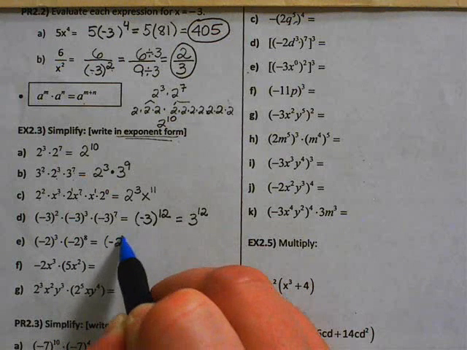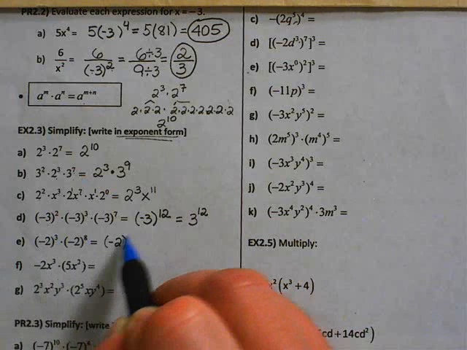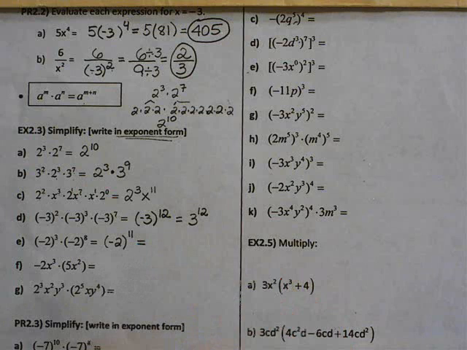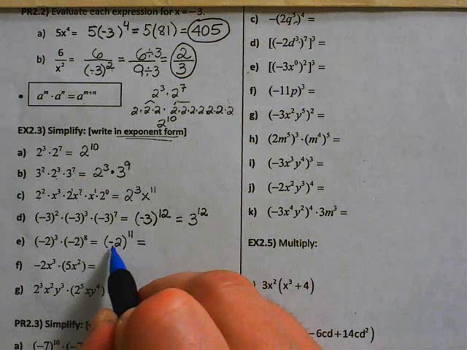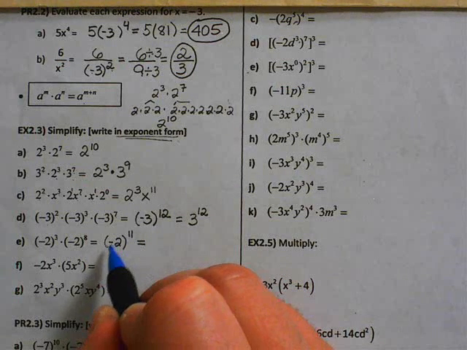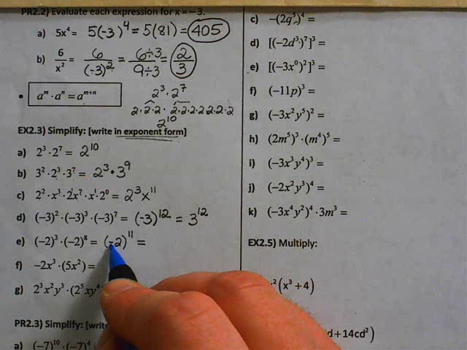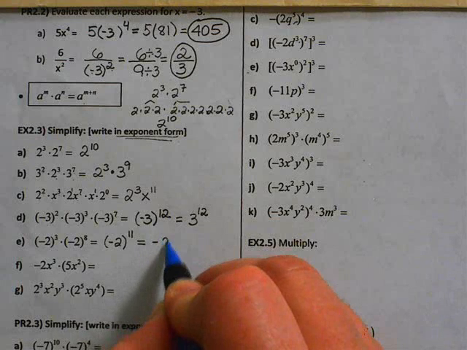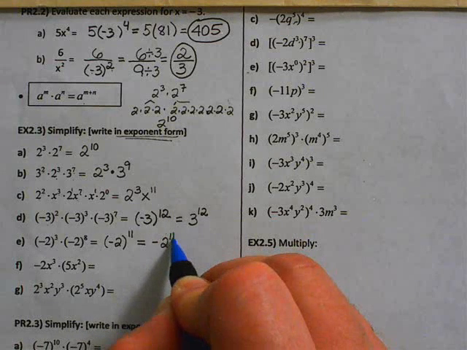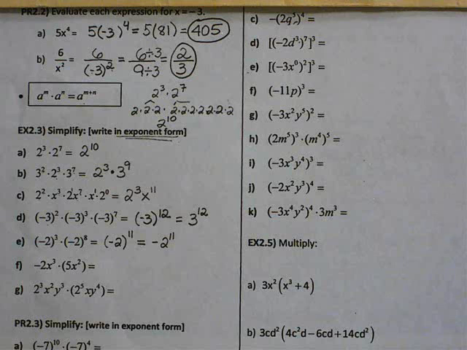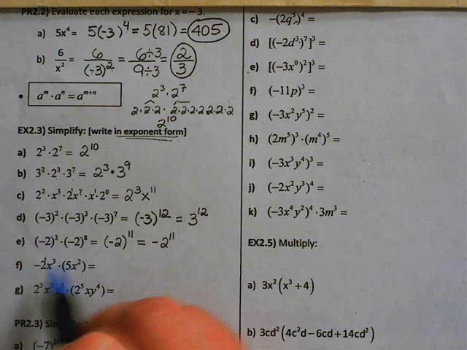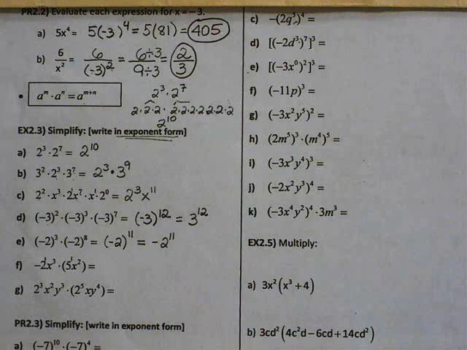They have the same bases, so my answer is going to be negative 2, and 3 plus 8 is 11. Now, we can apply the negative sign rule. I have a negative number raised to an odd power, so that means the negative stays, and this will be negative 2 to the 11th power. Very well. The next one. Remember, this is an invisible 1, invisible 1.